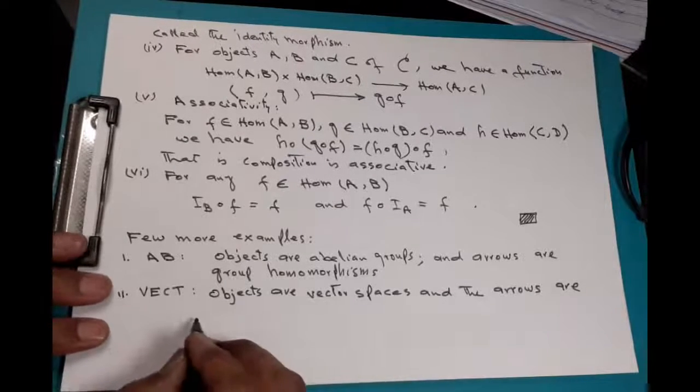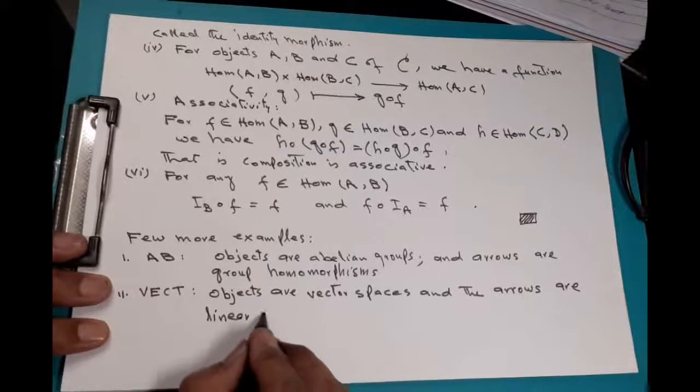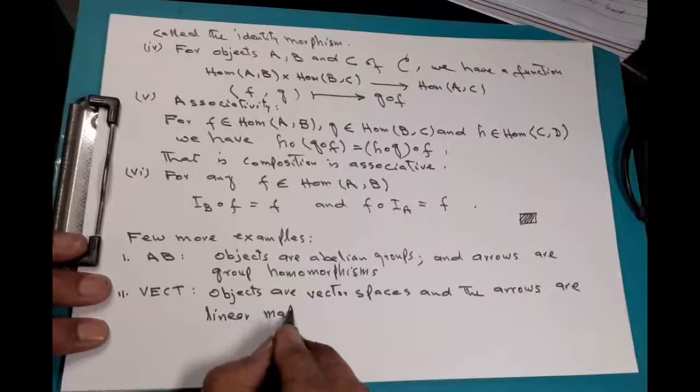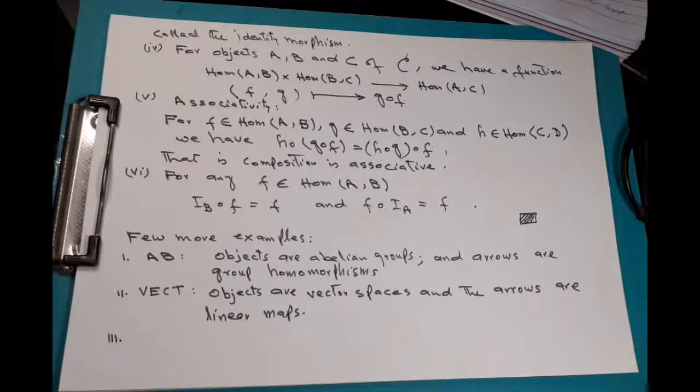So arrows are linear maps. And then we can have another example. We can discuss the category of metric spaces. That's a little complicated, but anyway we can do that at some later stage.